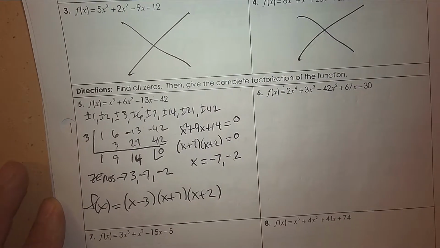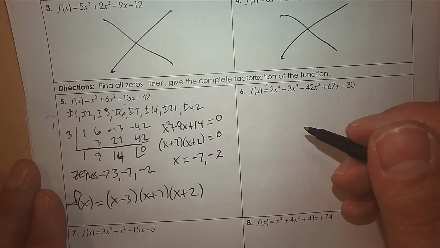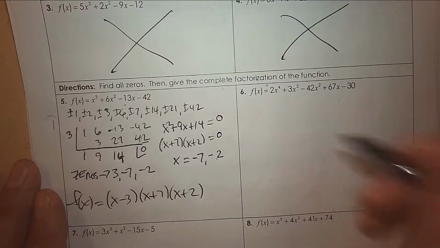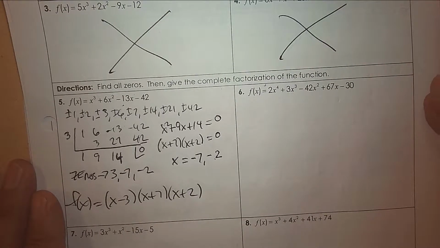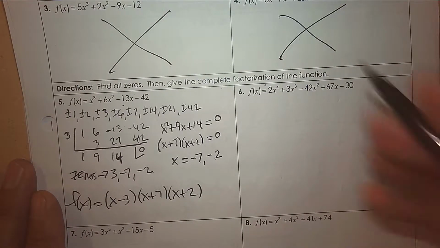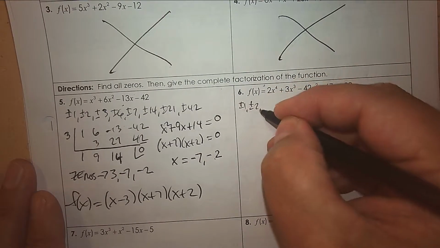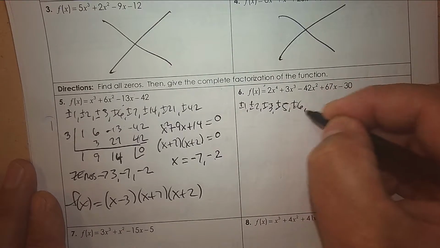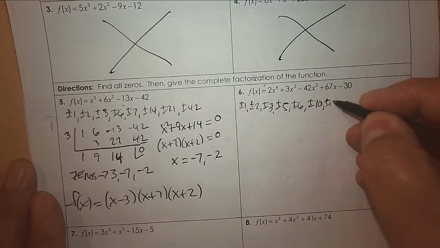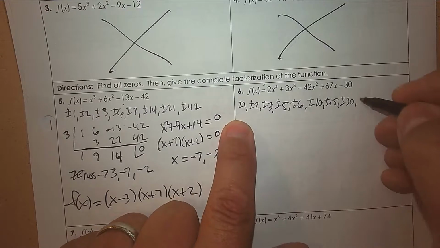Number 6. So we're going to create a list and then see what numbers work. So we got 1, 2, 3, 5, 6, 10, 15, 30, and then do the same thing over 2, so just the odd numbers.